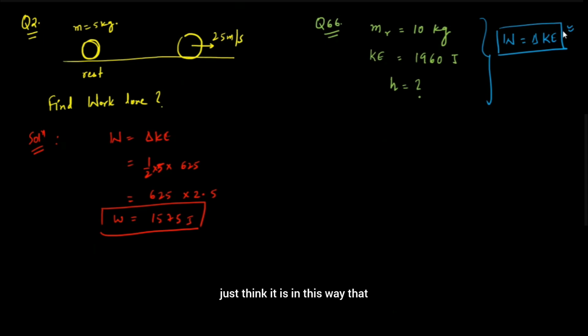At what height is this rocket going to go if initially it has some kinetic energy, which is 1960 joules? If it has kinetic energy initially, we can say it must have some initial velocity. Once it reaches its maximum height, whatever velocity it was possessing initially must be zero at that point. And what change will you observe? You will observe that it must have gained some height.